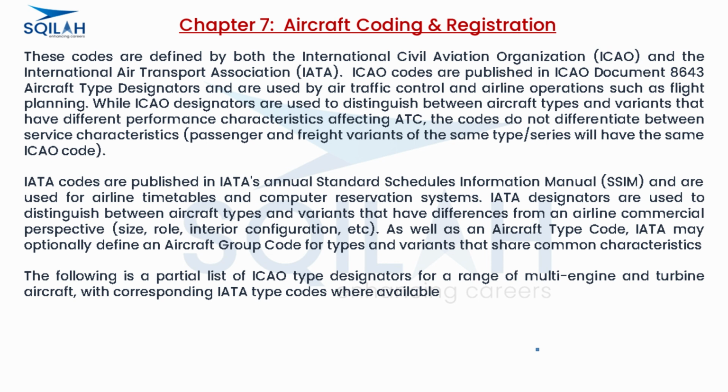IATA designators are used to distinguish between aircraft types and variants that have differences from an airline commercial perspective, size, role, interior configuration, etc. As well as an aircraft type code, IATA may optionally define an aircraft group code for types and variants that share common characteristics. The following is a partial list of ICAO type designators for a range of multi-engine and turbine aircraft, with corresponding IATA type codes where available.